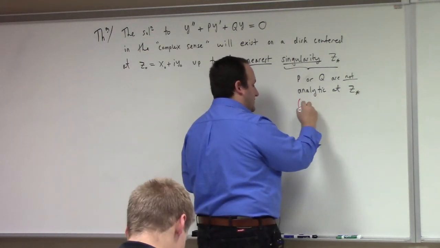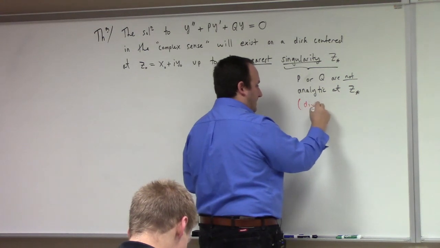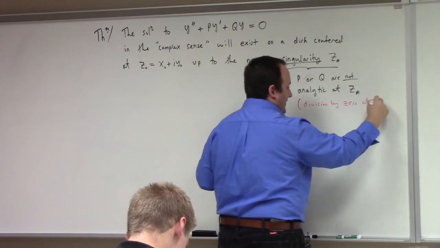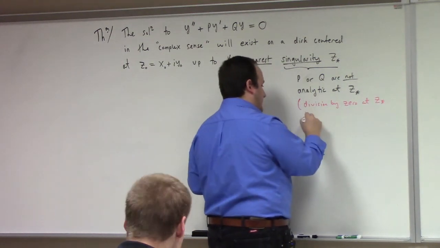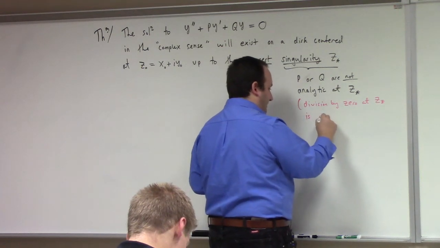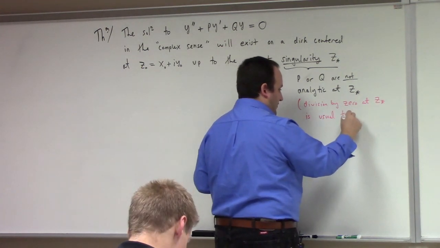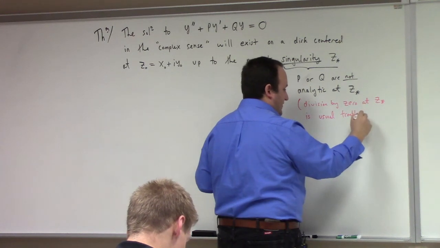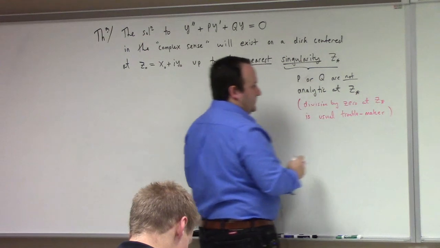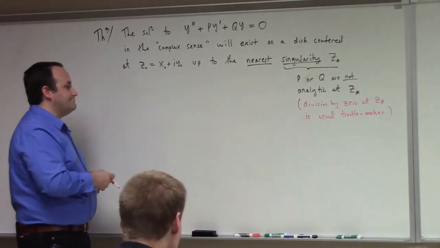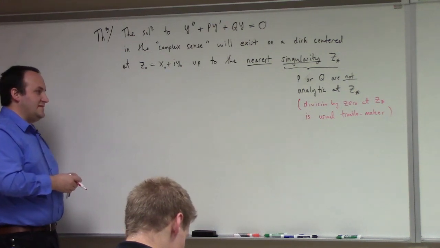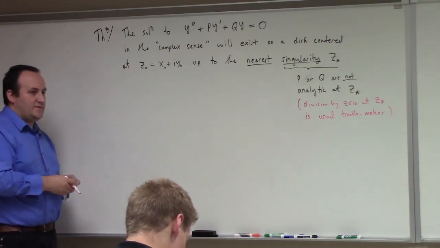Basically, this means you've got division by 0. Division by 0 at z star is the usual troublemaker, all right? So probably all the examples I'll look at today, the departure from analyticity is going to be coming from division by 0.